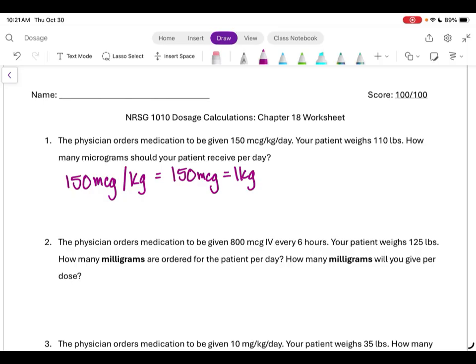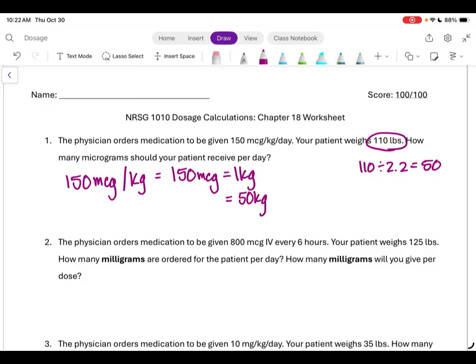So if you're trying to figure out how many micrograms you're going to give to this patient who weighs 110 pounds, you first figure out what that is in kilos. So 110 you divide by 2.2 and it's 50, right? So I'm going to say this patient is 50 kilos.